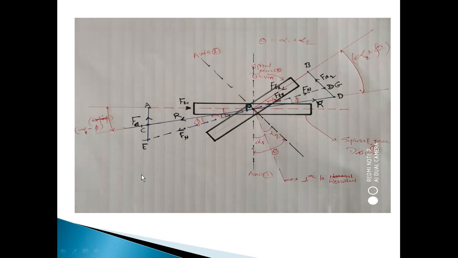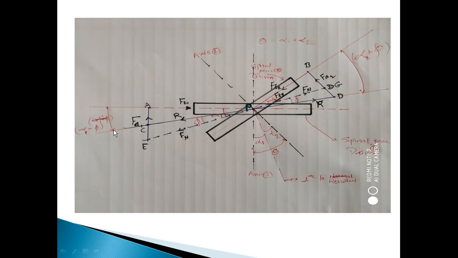Furthermore, I have extended this figure in such a way that I have considered the triangle APC. Angle APE is alpha 1, angle CPE is phi. So what is the remaining angle APC?